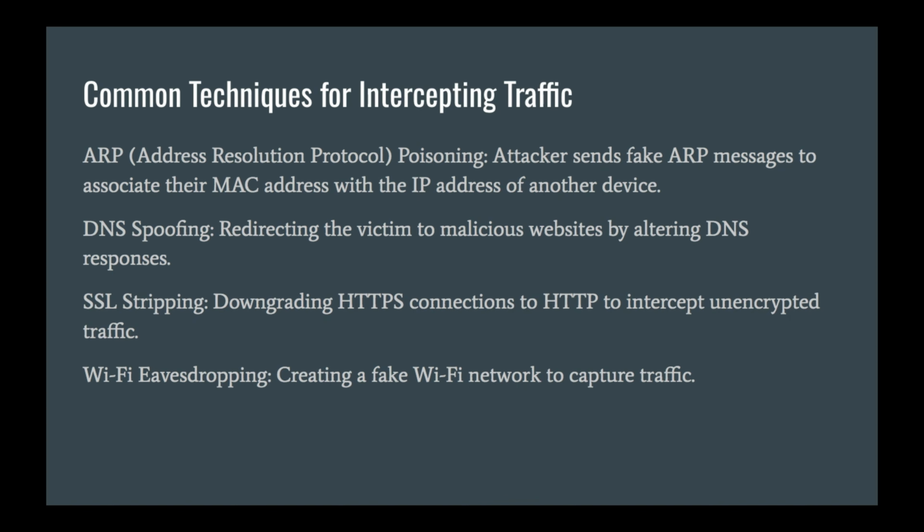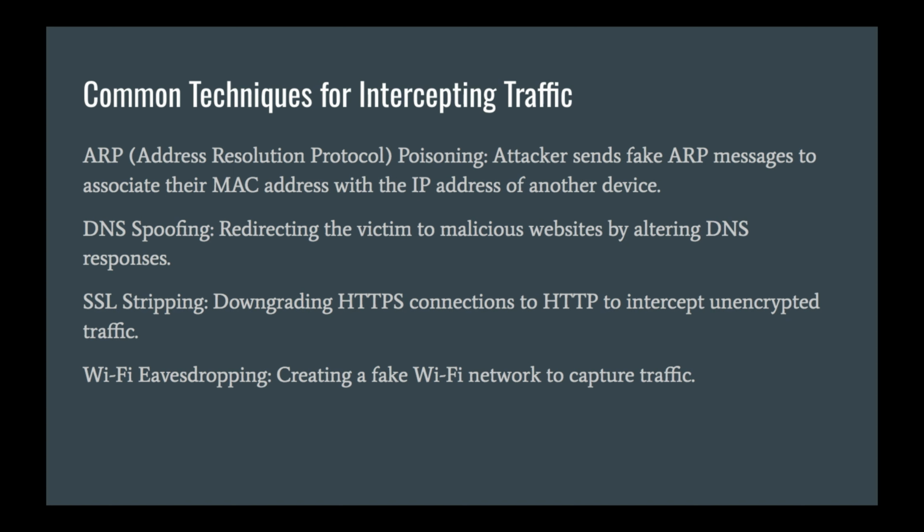The common techniques for intercepting traffic: ARP, or Address Resolution Protocol, poisoning, in which the attacker sends fake ARP messages to associate their MAC address with the IP address of another device. DNS spoofing, redirecting the victim to malicious websites by altering DNS responses.